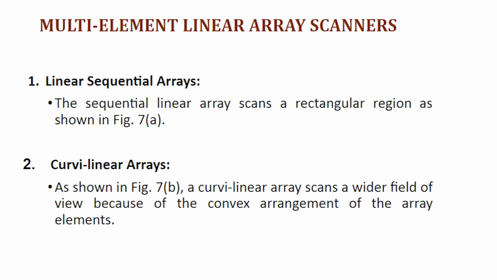The sequential linear array scans a rectangular region as shown in figure 7a. The scanning lines are directed perpendicular to the face of the transducer. The beam is focused but not steered.